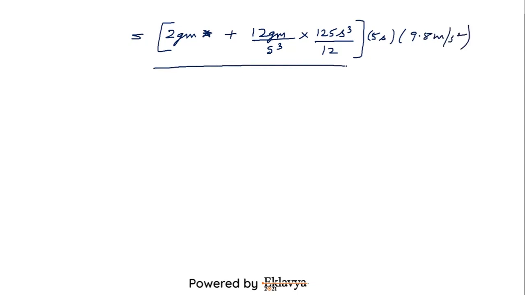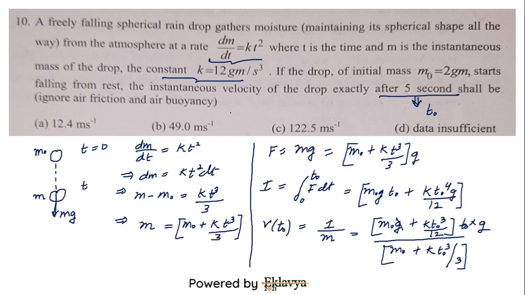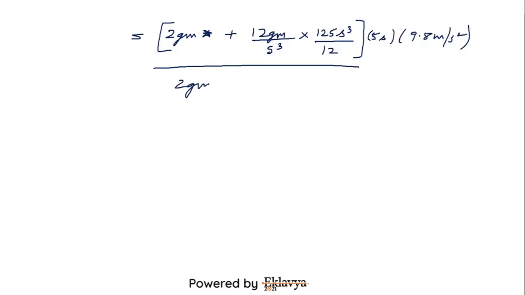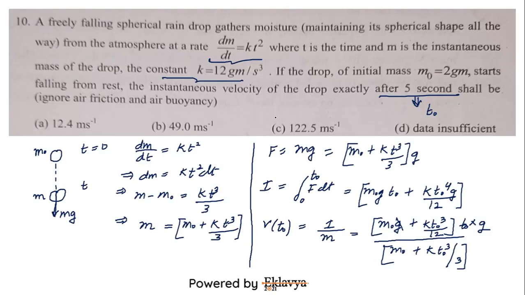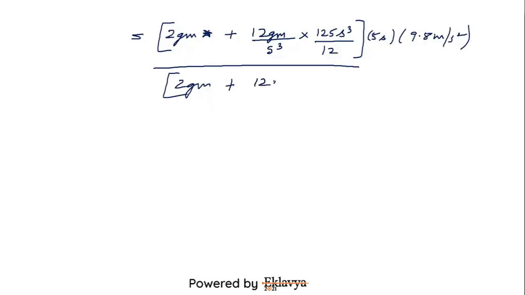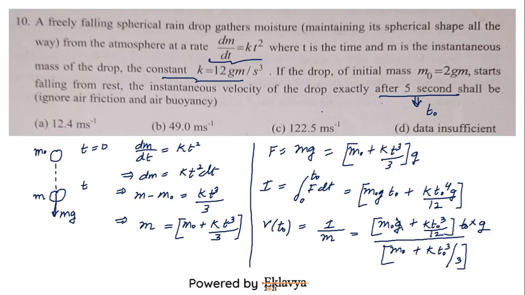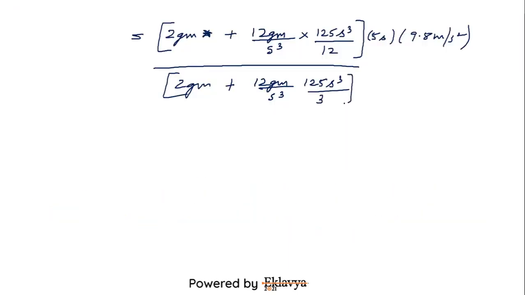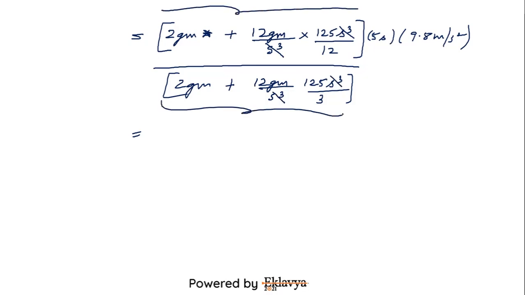Now we are going to divide this entire thing by the instantaneous mass, which is m naught, 2 gram, plus k t naught cube, so 12 gram per second cube into 125 second cube by 3. So this is what we are getting. Now you can see here that this second cube gets cancelled. This entire term we are getting in grams, and the denominator is also in grams.